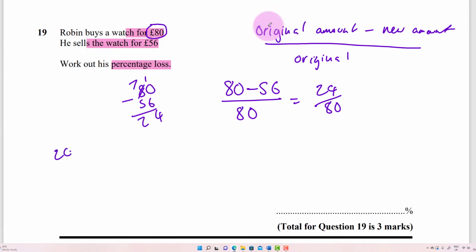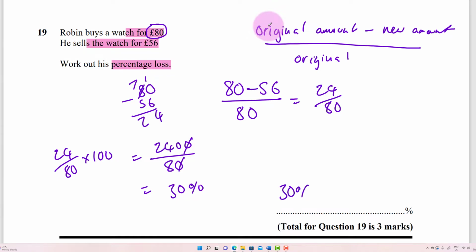You can do 24 over 80 times 100 to turn it into percentage, which will make that 2,400 over 80. Cancel out one of the zeros. How many 8's go into 240? 30. So we know that's 30%, and that will be a 30% decrease, right? That's the percentage loss.